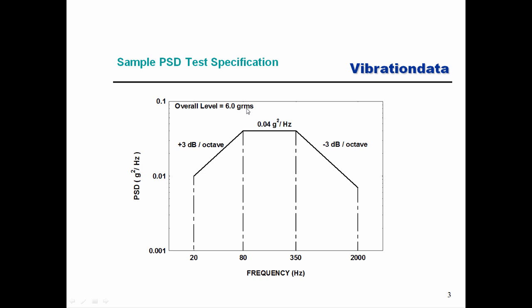And the overall GRMS level is equal to the square root of the area under this curve. And when we do that integration to calculate the area, we cannot use the simple geometrical relationships that you may have learned in high school.